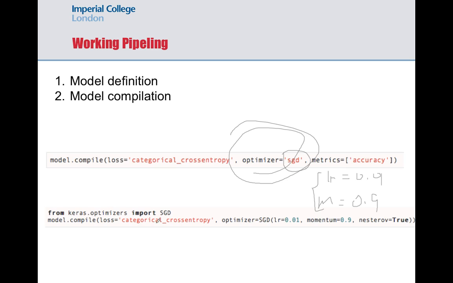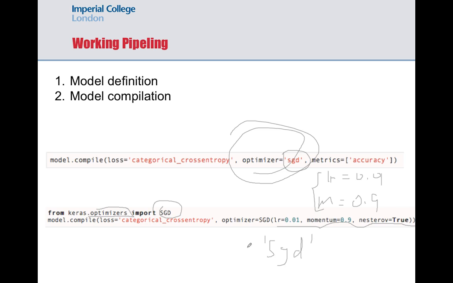You just do one step more. You import the optimizer you want from the Keras optimizers, and then you specify the learning rate you want. Here, it also uses the default settings, which means you don't have to use it. You can use just SGD, the string.